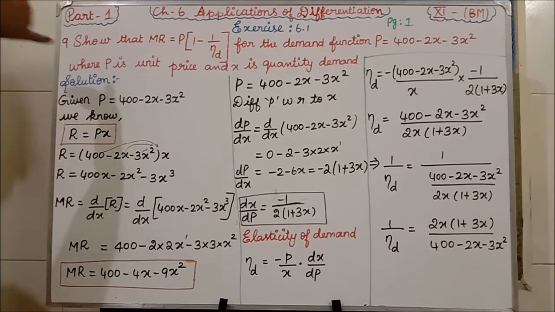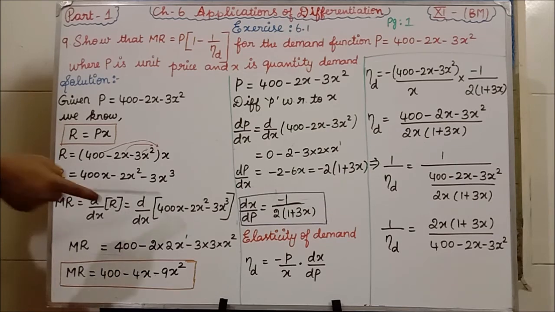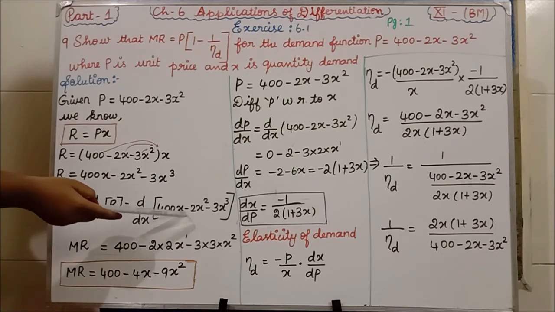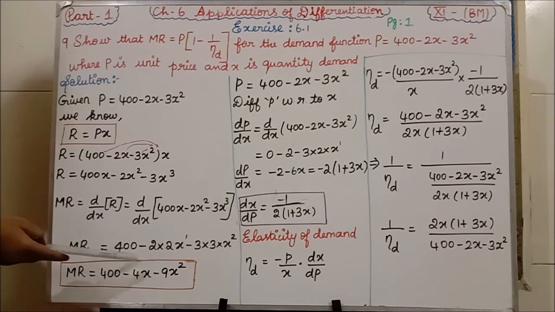With this, how can you find the marginal revenue? I told you, if the word marginal comes, immediately you have to differentiate. So we have to differentiate this revenue with respect to X. So d by dx of this full term I am writing inside. This we are going to differentiate. If you see 400x, if you differentiate x you get 1, so 400 into 1 is 400.